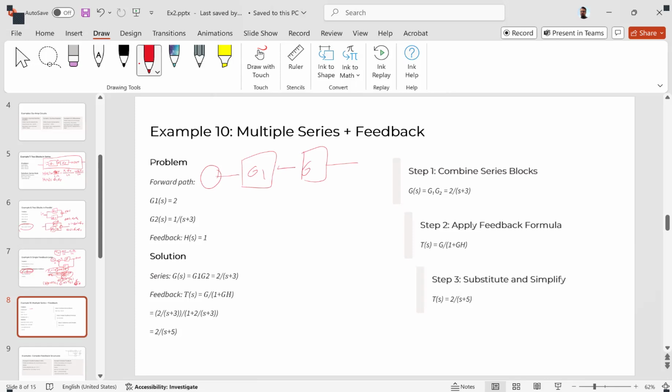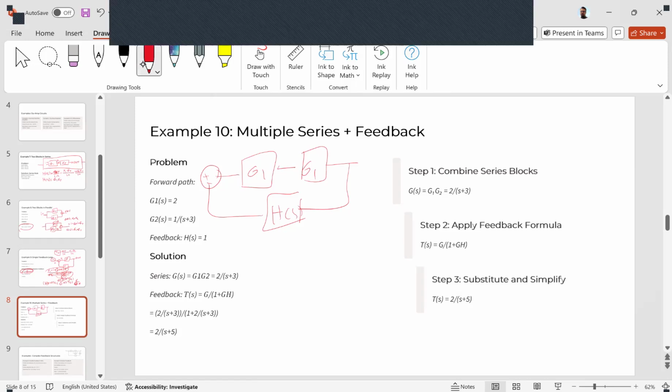Are we good? And our feedback is a subtraction here. Now, how could we solve or simplify that to find the general transfer function?